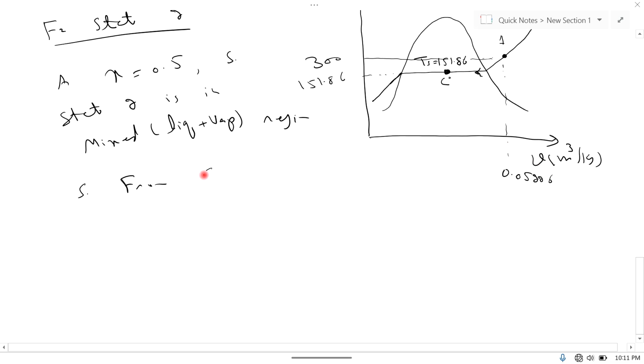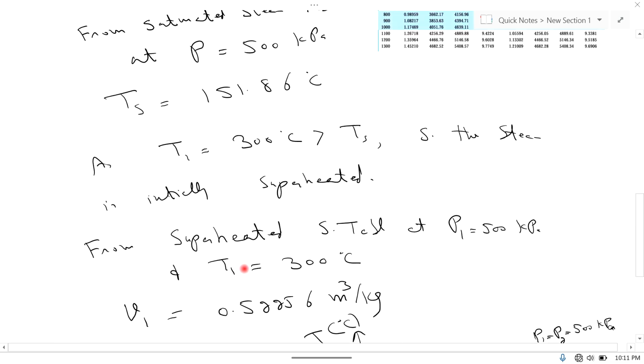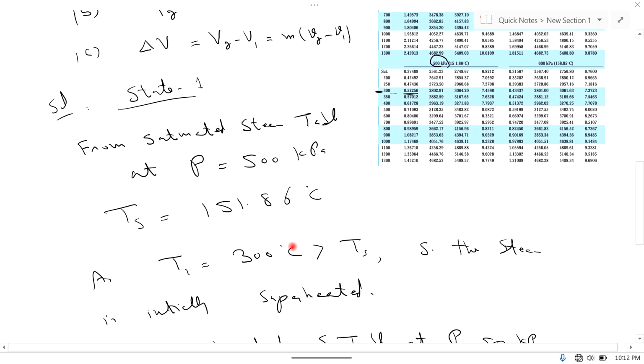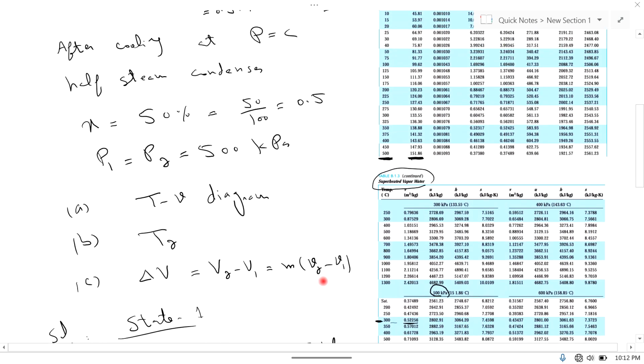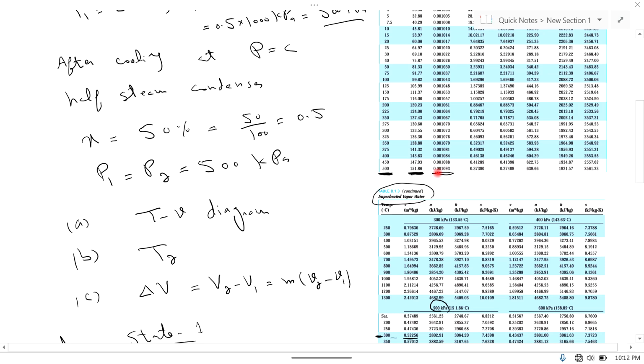Now from the saturated steam table, at pressure P2 equal to 500 kilopascal, find V2 and T2, Vf and Vg. So Vf is at 500 kilopascal from the saturated table; this is Vf and this is Vg.